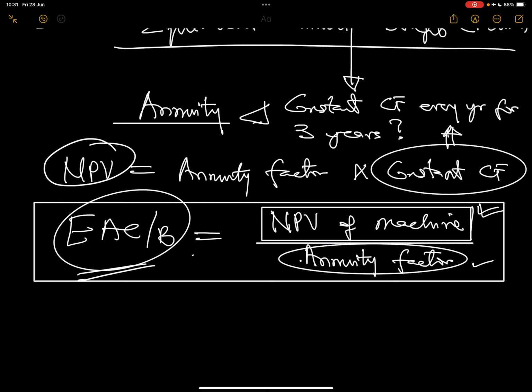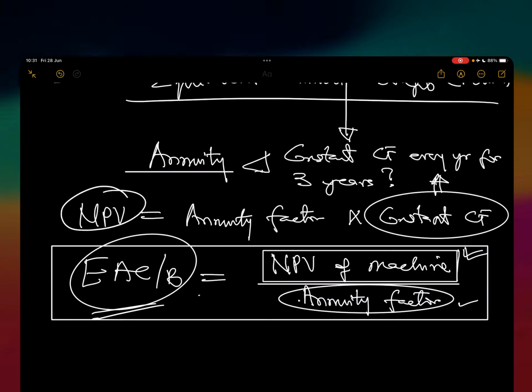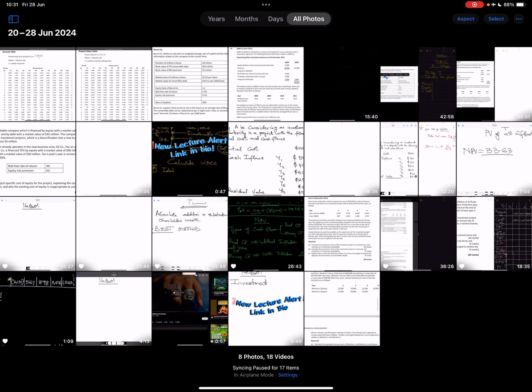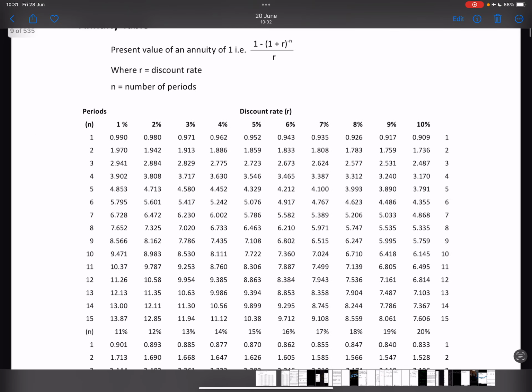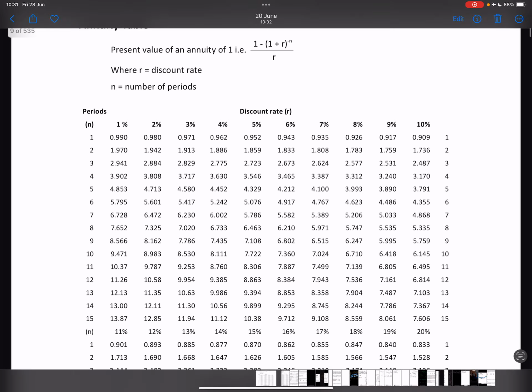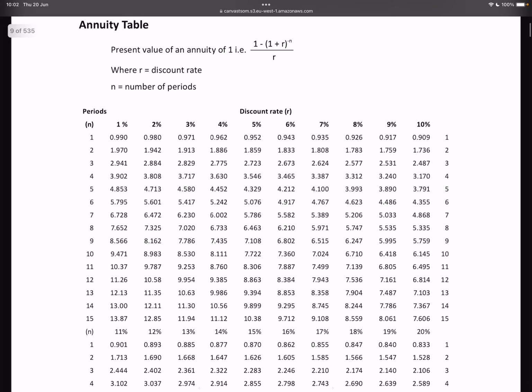If you remember, let me show you the annuity table quickly. Look at this annuity table. Over 2 years, we have a factor of 1.97 here for 1%.